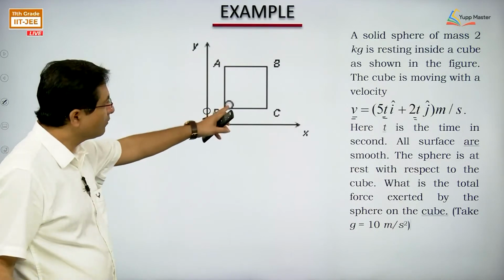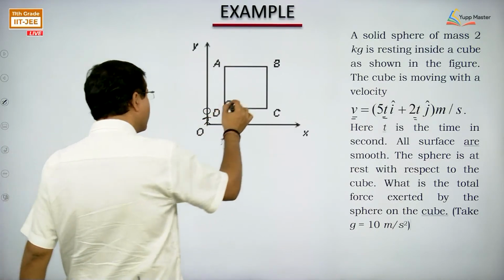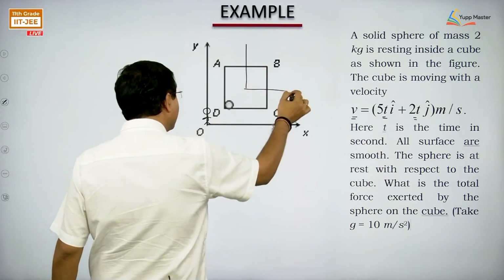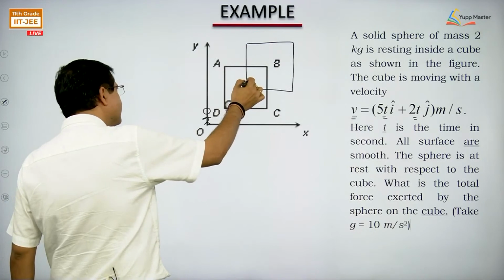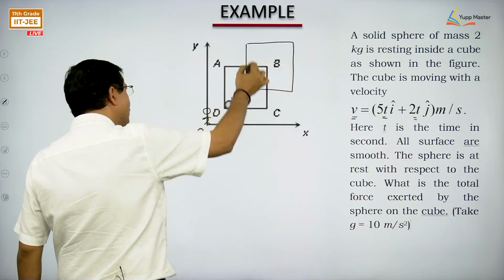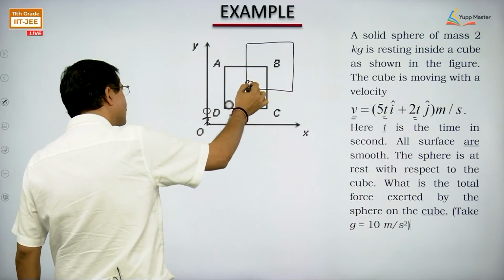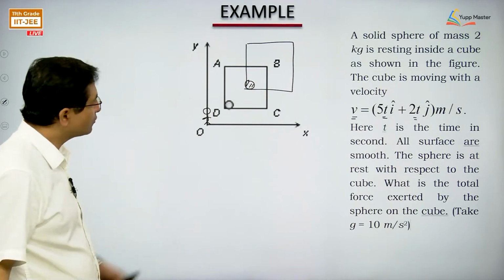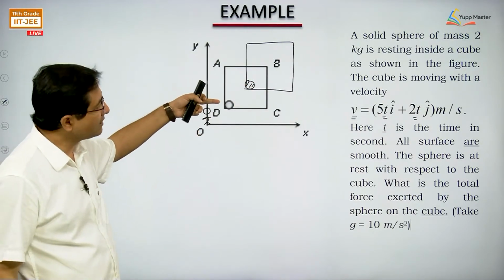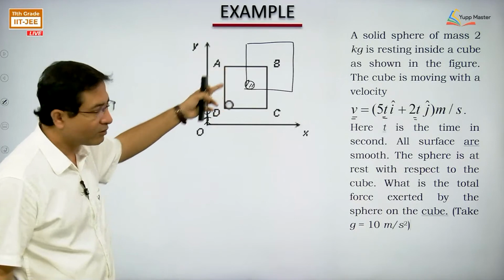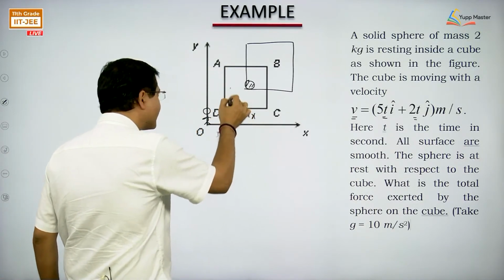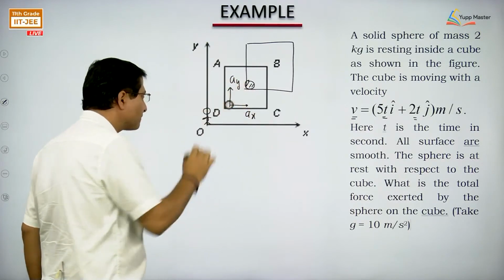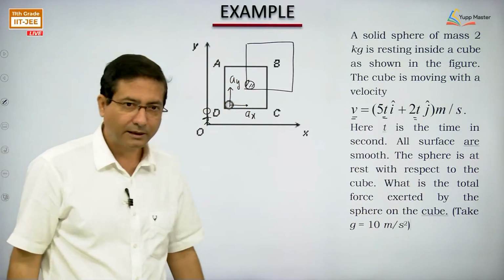So ball will remain at this point, and after some time the cube, because it is having x component of acceleration and y component of acceleration, will go to a new location and the ball will also go to a new location, okay. So from ground frame I can see ball is having acceleration in x direction and ball is having acceleration in y direction. So from ground frame I can see ax and I can see ay, right.